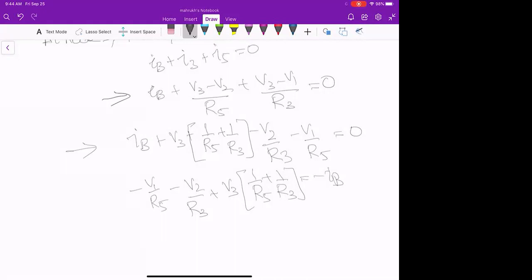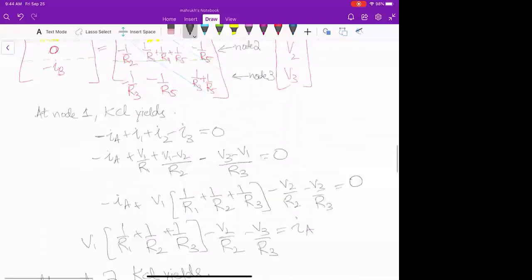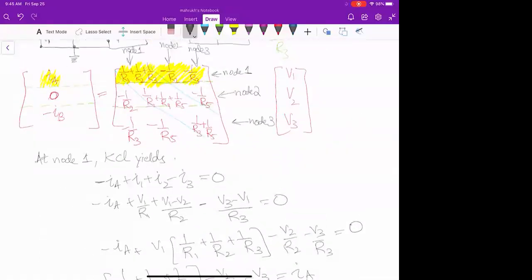Right, and V2 got messed up. So this was R3 and this was R5. So this was R5 and this was R3. Yes. So now if I compare it, it should be the same as the third row.